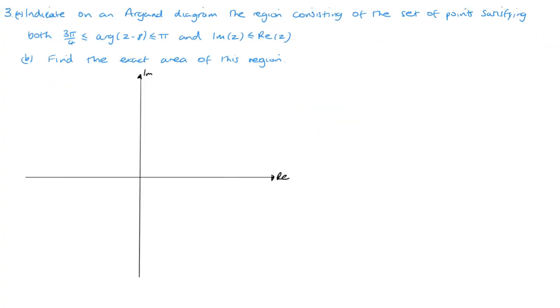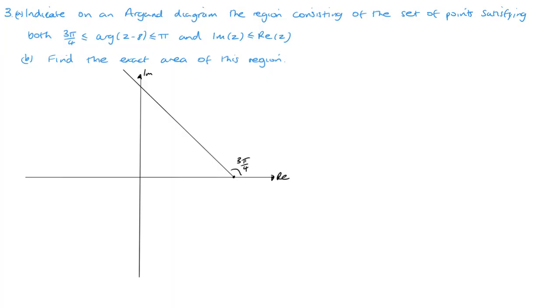Okay, question 3. So we need to indicate on a diagram the set of points satisfying both. So arg of z minus 8 is going to be at 8. So here, and 3/4 pi is going to be like that, because that's 3/4 pi.